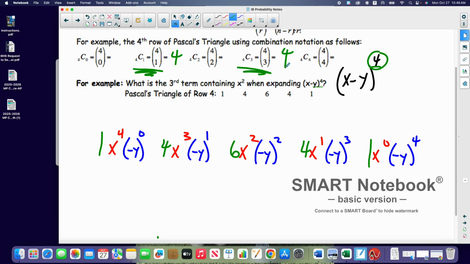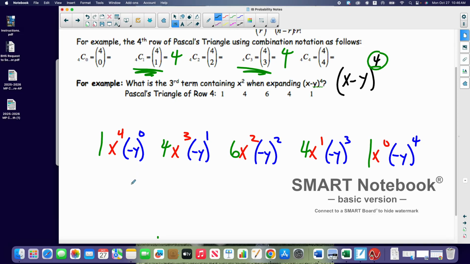Now, what's going to happen with the y's as I do the exponents to the y's? What's going to happen with this y right here? It's going to be negative. This one's going to be positive. That one's going to be negative. That one's going to be positive. So when I have a negative in here and I apply those exponents, it's going to make it go back and forth.